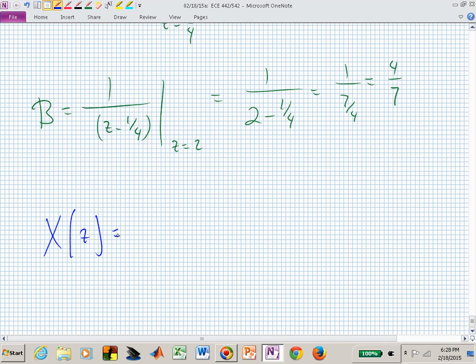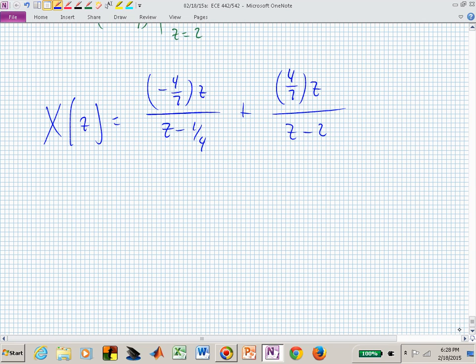If we multiply both terms back by the z, we have minus 4/7 z over z minus 1/4 plus 4/7 z over z minus 2. We can think of this now as capital X sub 1 of z and capital X sub 2 of z, and we can find those in the Z-transform tables.